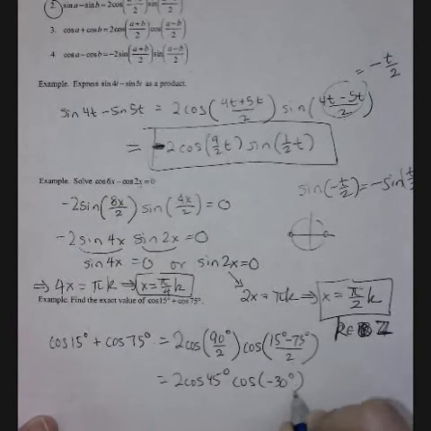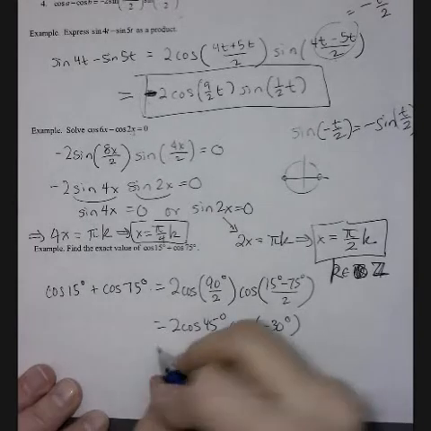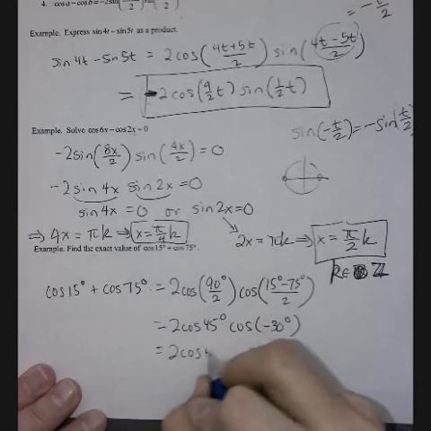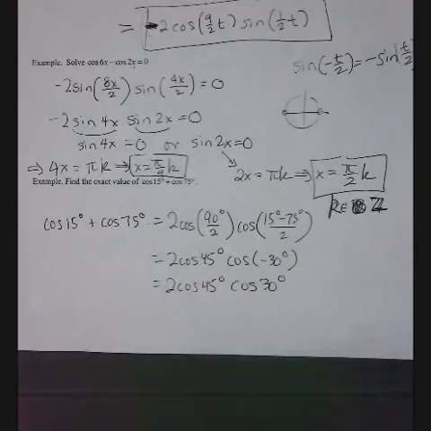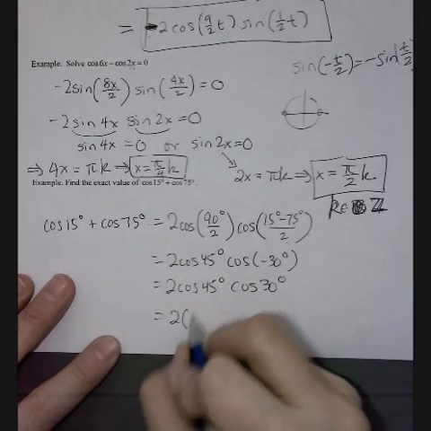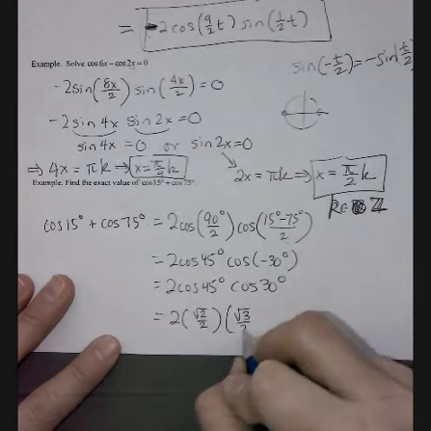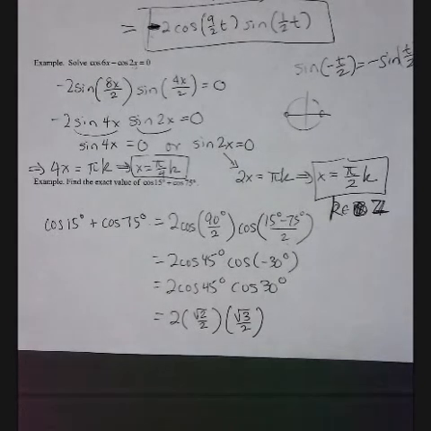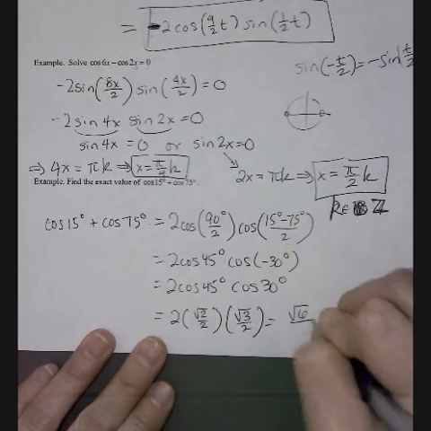And then because cosine is even, you get the same result if you just take the cosine of 30 degrees. So this is 2 times square root of 2 over 2 times square root of 3 over 2. So we get square root of 6 over, one of these 2's cancels, 2.